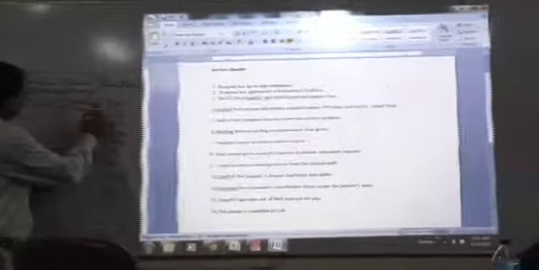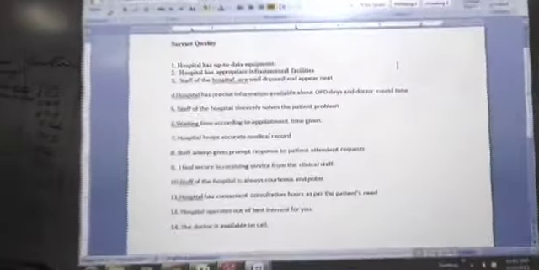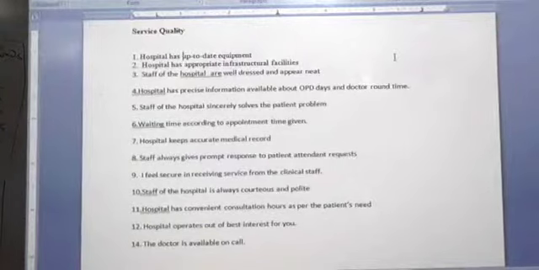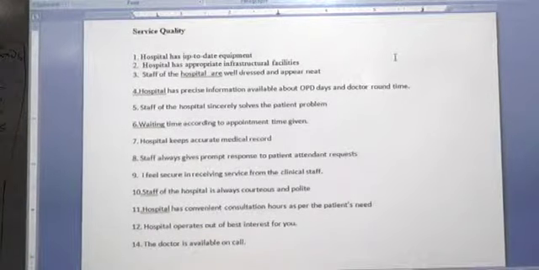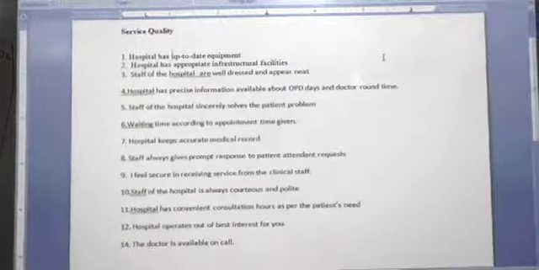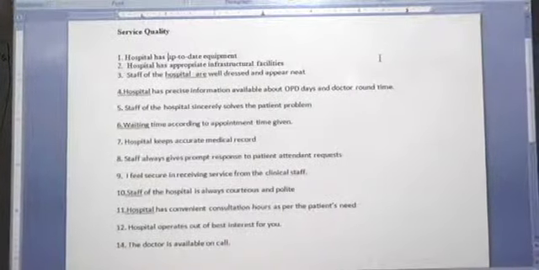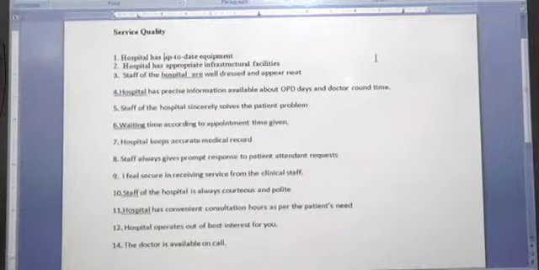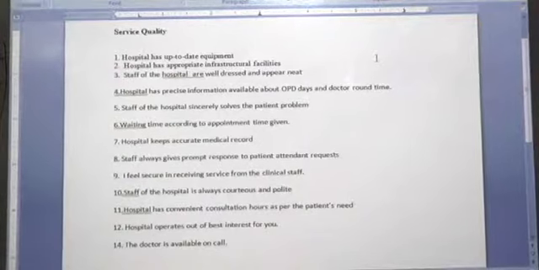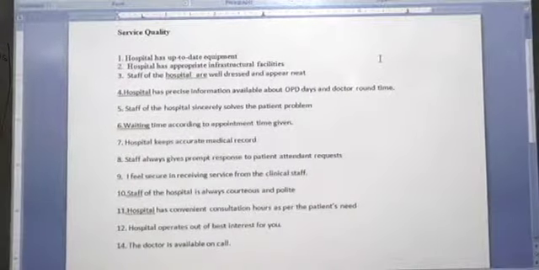Courteous staff. Next, 14. Next, 3. Hospital staff are well dressed. Staff well dressed. 8. Prompt response. All of them are to patients.